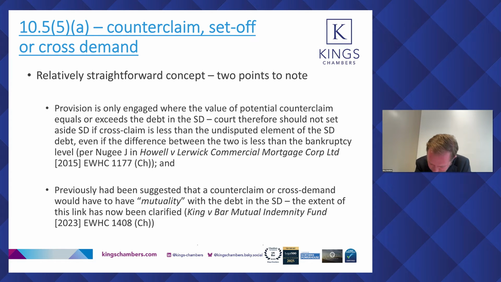But as a headline point, what was flagged is that situations where, for example, they were of the same legal character or where the parties were acting in the same capacity, these were enough to satisfy that requirement of mutuality. There clearly needs to be some connection, and it appears that that's sufficient for that mutuality requirement to be satisfied.